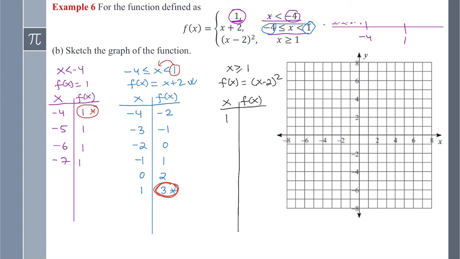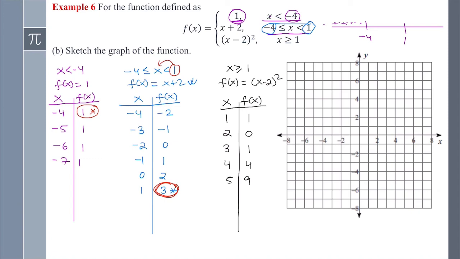When I take 1 and put it here, 1 minus 2 is -1, squared is 1. If I take 2, I get 0. If I take 3, 3 minus 2 is 1, squared is 1. If I take 4, I get 4 minus 2 is 2, squared is 4. And if I take 5, I get 5 minus 2 is 3, squared 9. So let's stop here.